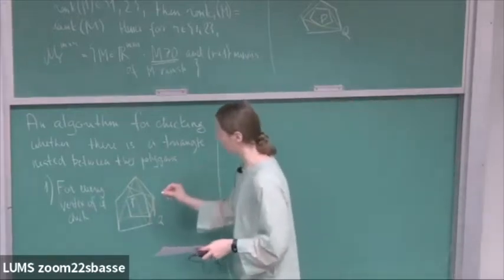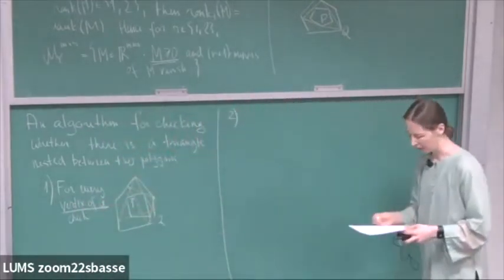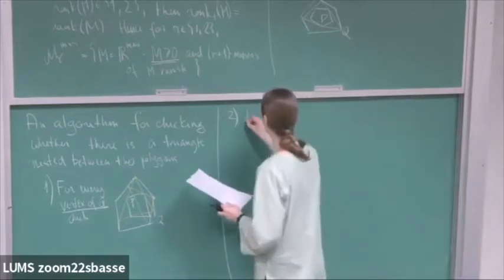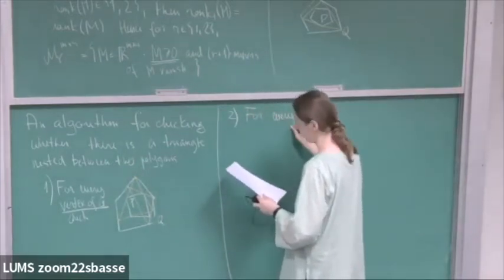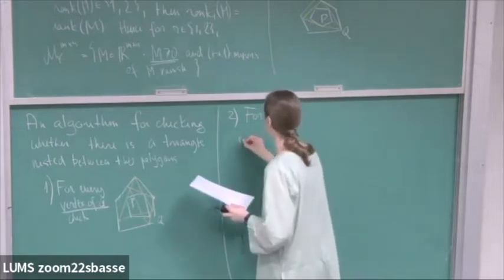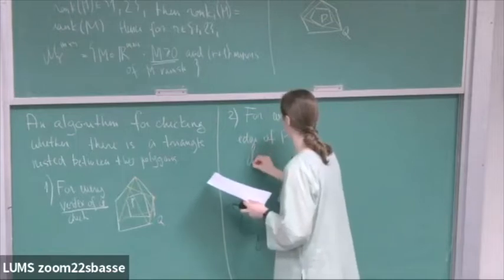So this was the first part, where we go over all the vertices of Q. And in the second part, for every edge of P, check.